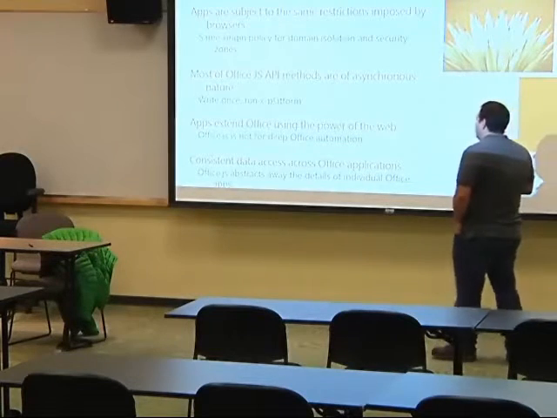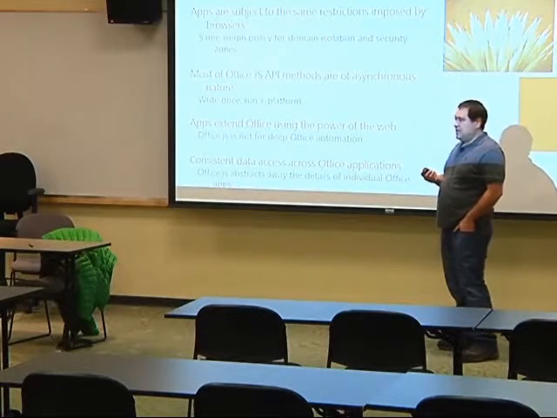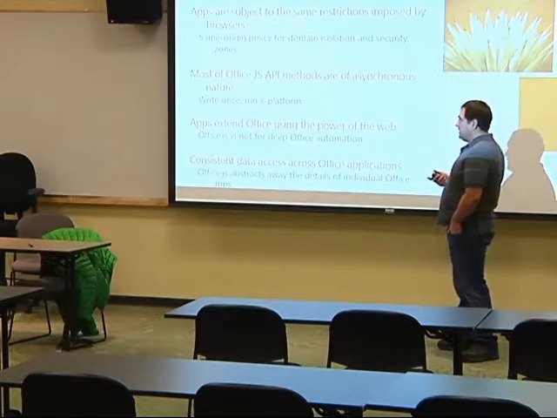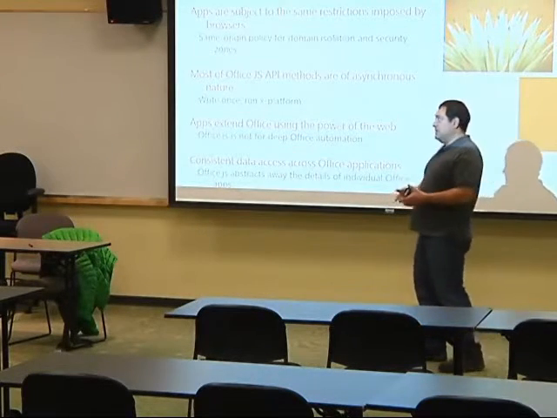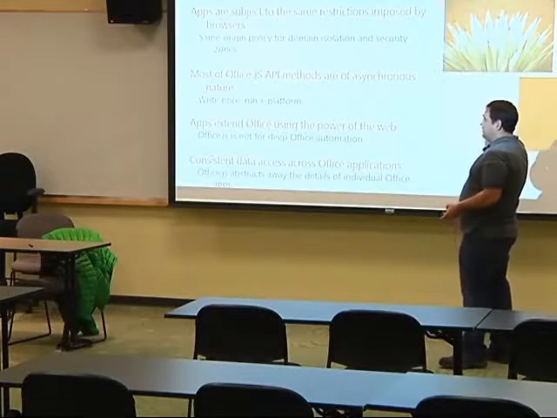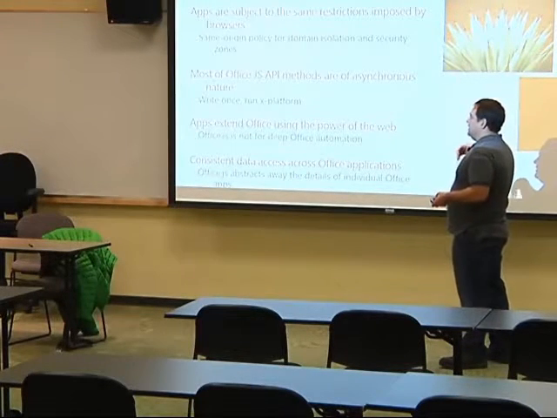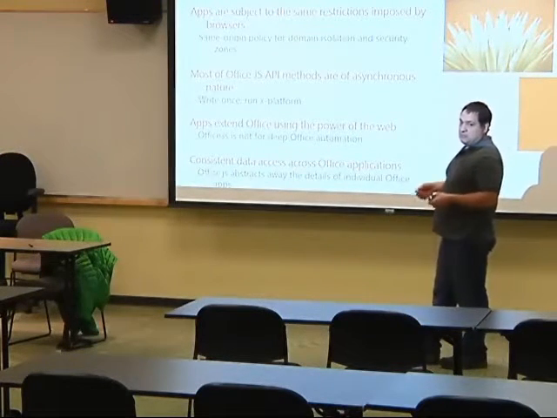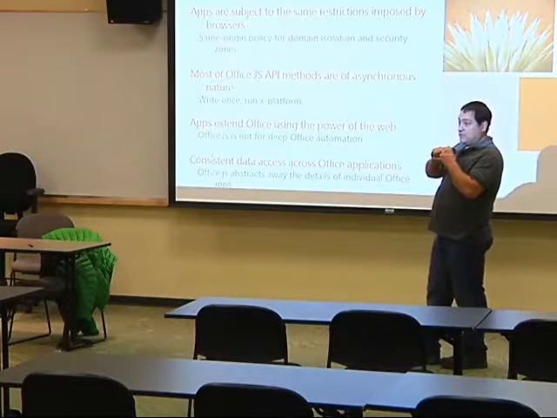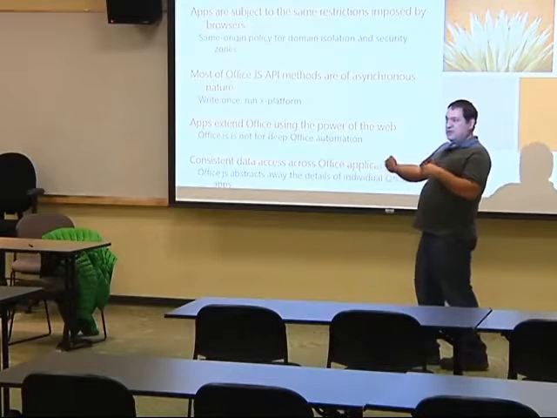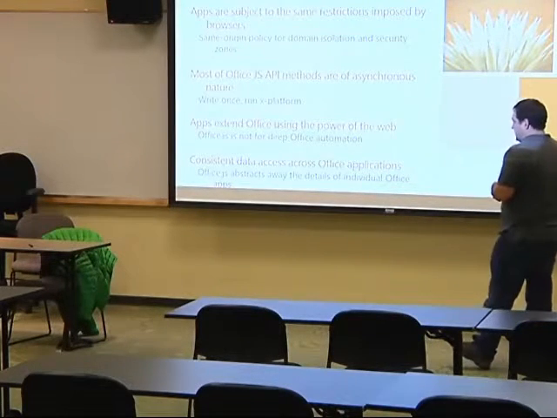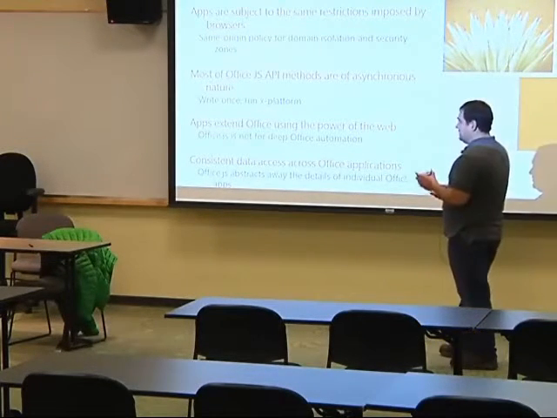Okay. Now, when you're creating apps, you need to consider that app creation has the same challenges and problems as regular web development. That means, for example, we are subject to issues such as the same origin, same domain policy. So if you're going to call a service from your application, it needs to be in the same domain. Otherwise, it's a security risk and it's blocked by the browser. That happens in web development. It's a very common problem.